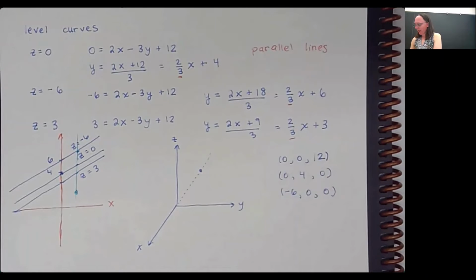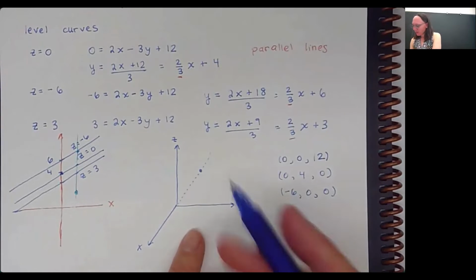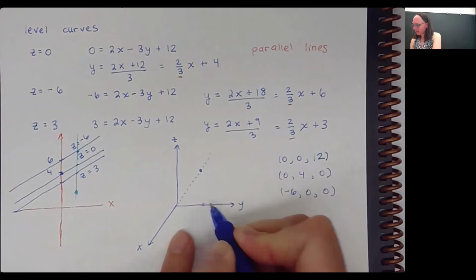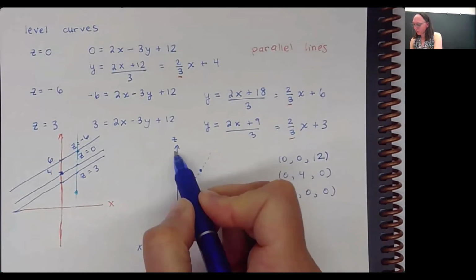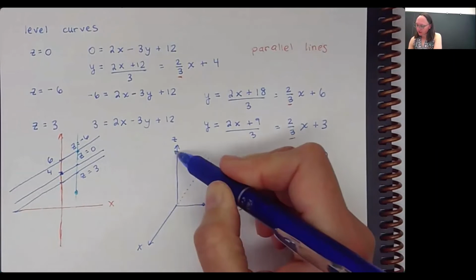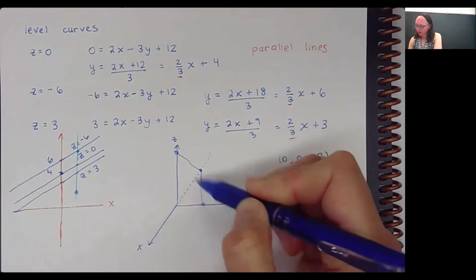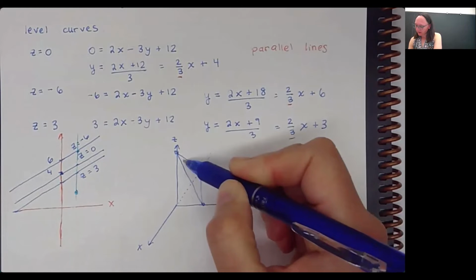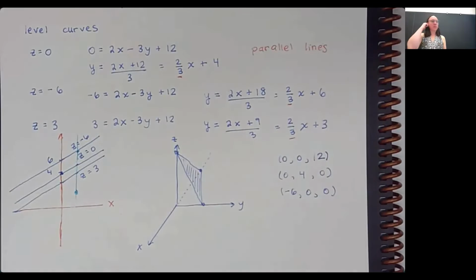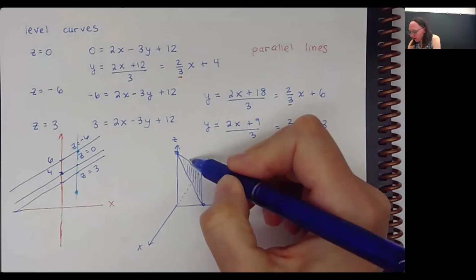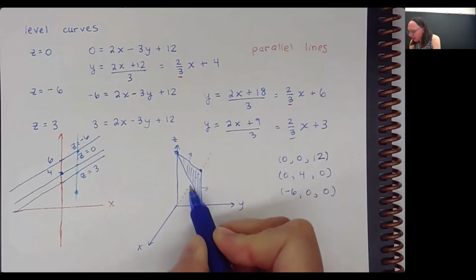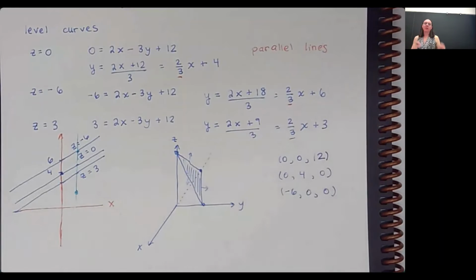My y-intercept was 4 and my z-intercept was 12. And if I imagine connecting those dots in a triangle, I've got this plane. And it extends forever in all the directions, right? I've just shown a slice of it, but it's actually extending in all of these directions.